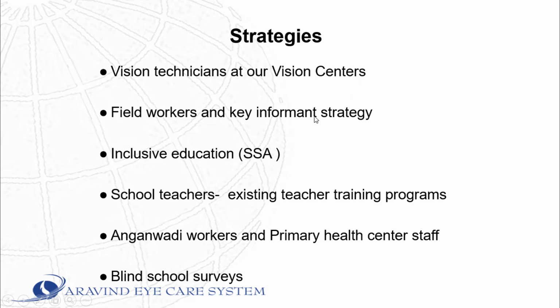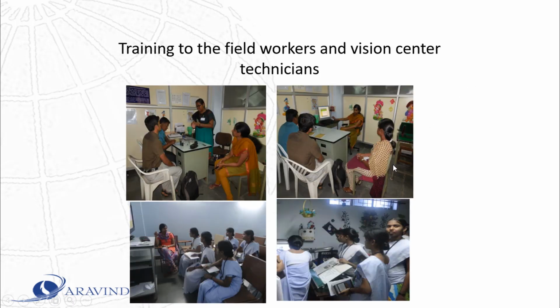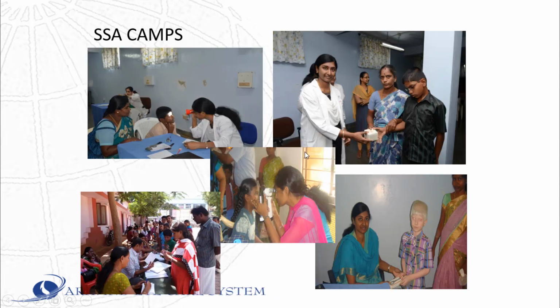but at our vision centers, and they trained key informants to find children with low vision in the villages. They trained the Sarva Shiksha Abhiyan workers, central government employees involved in education, and school teachers involved in regular school screening, on how to select students with low vision. They also trained the teachers at the primary care centers, the Anganwadi centers.